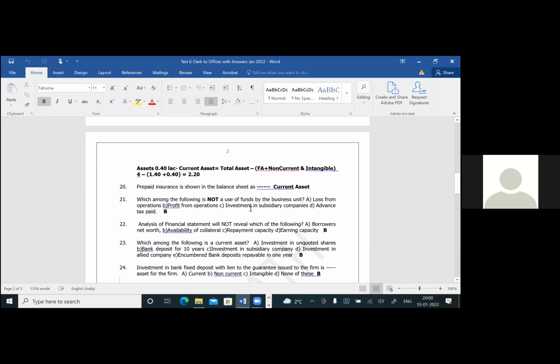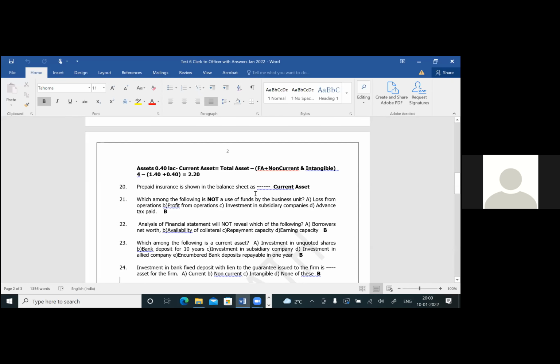Question number 21. Which among the following is not a use of funds by a business unit? What is uses or asset? The moment in the question paper you see use or source, immediately you should think whether it is an asset or liability. Use is an asset. Which among the following is not a use of funds, that is, which is not an asset, they are asking.